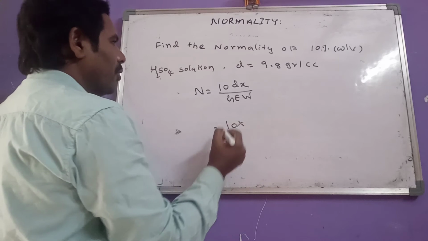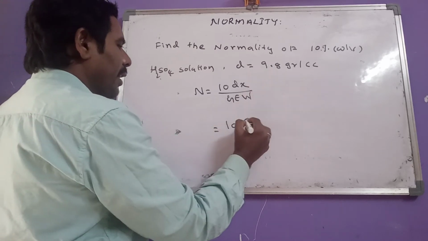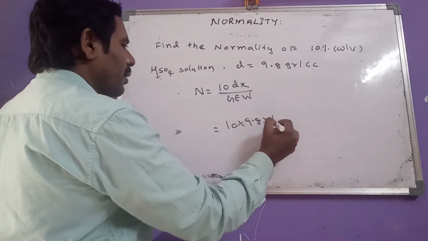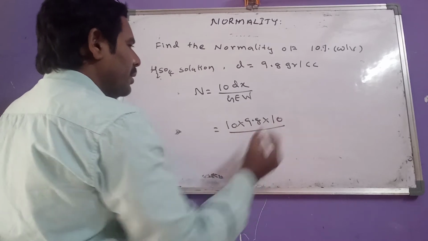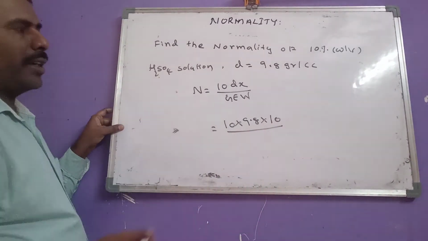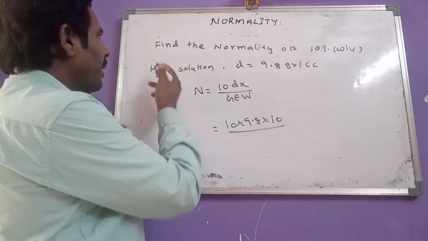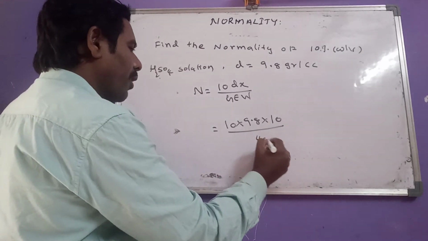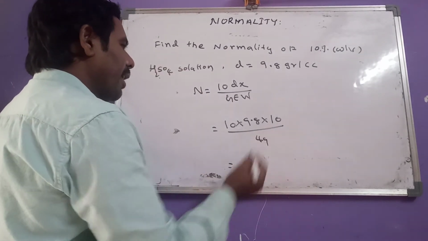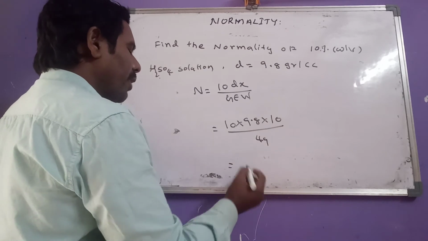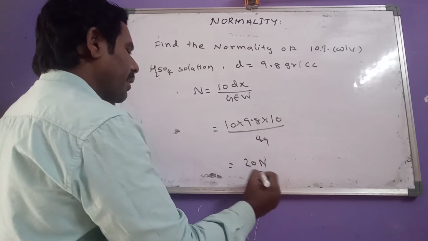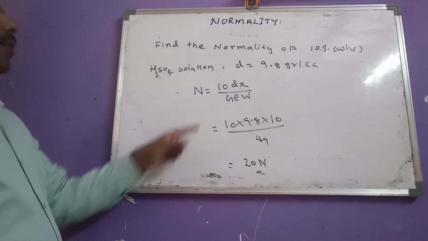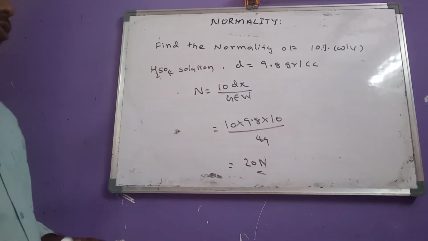So 10 into density 9.8 into percentage value, which they have given as 10, by gram equivalent weight of sulfuric acid, 49. Upon calculation we get 20N. So this is the normality of this solution.